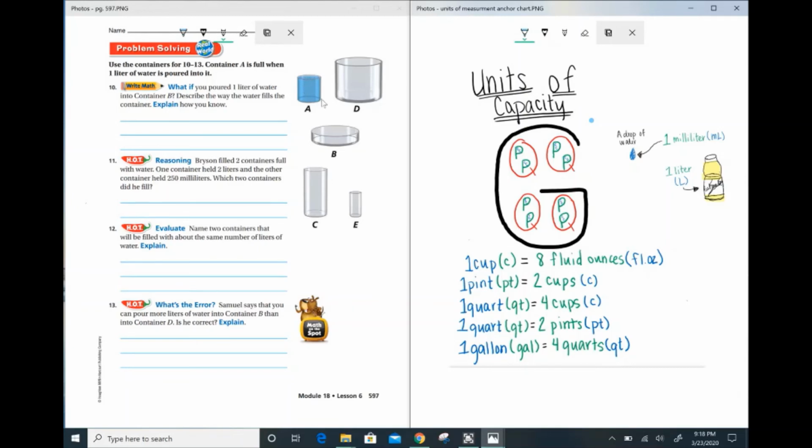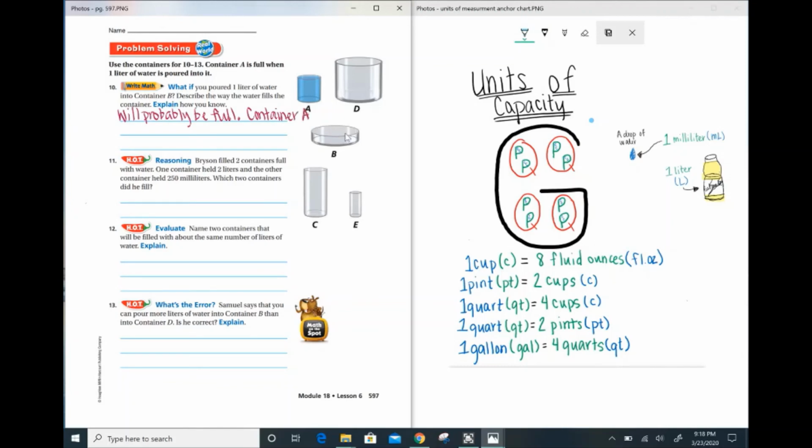So I think that container B will probably be full. So as the water fills it, we know that it's shorter and wider than A's, and we also know that container A is full of water.